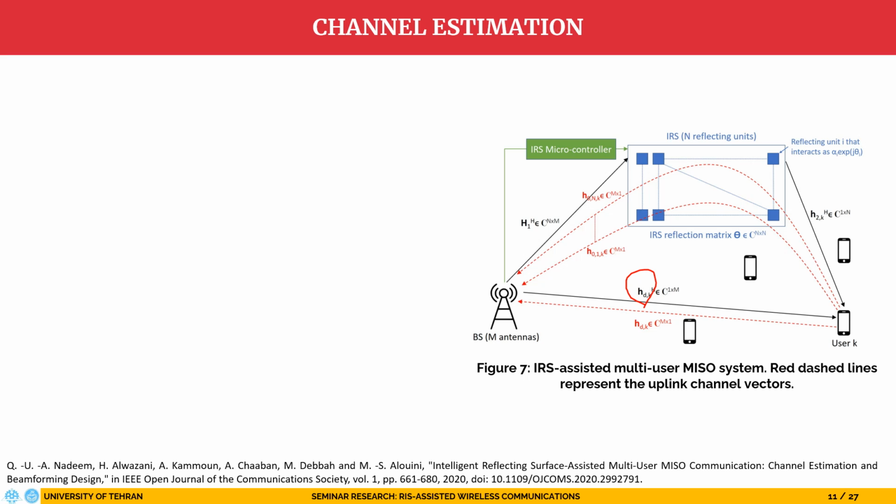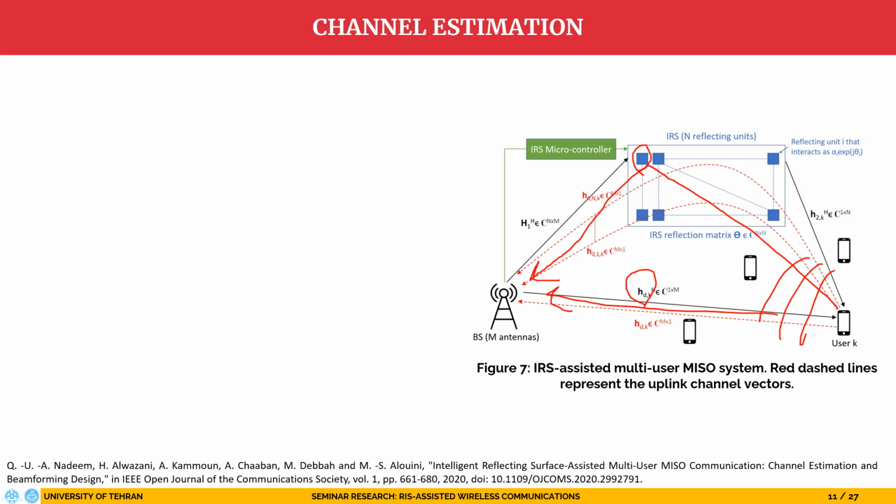With the direct channel, we then have one element of the IRS on and the others off. If this element is on and the others are off, user K sends an omnidirectional signal, because it has just one antenna and cannot beamform the signal. One signal is received by the base station through this direct channel H_DK, and another signal is received by reflecting off this on element.